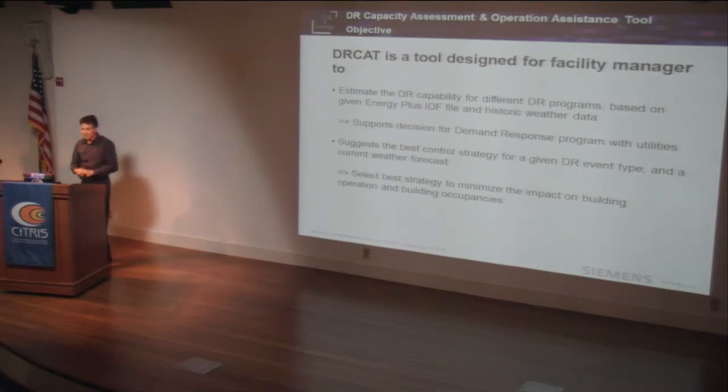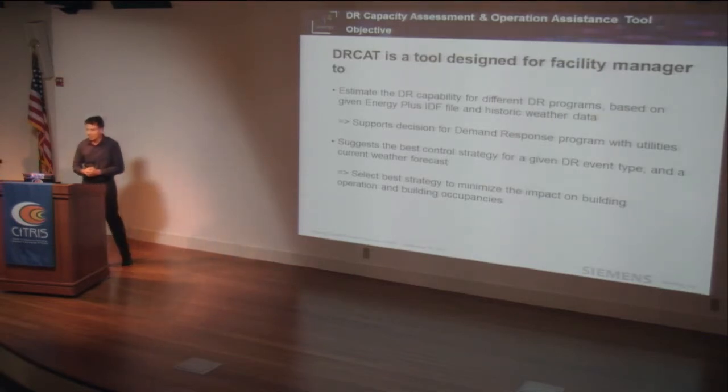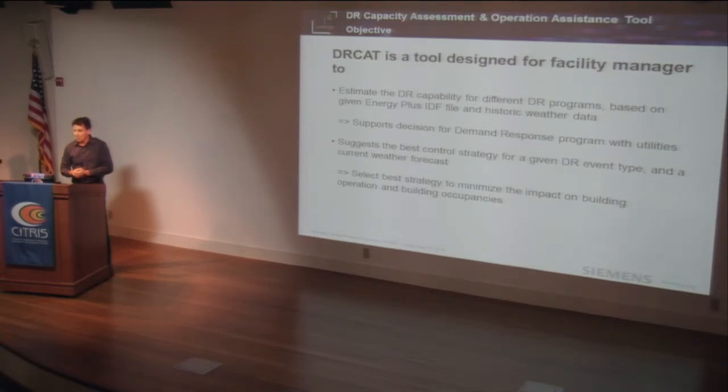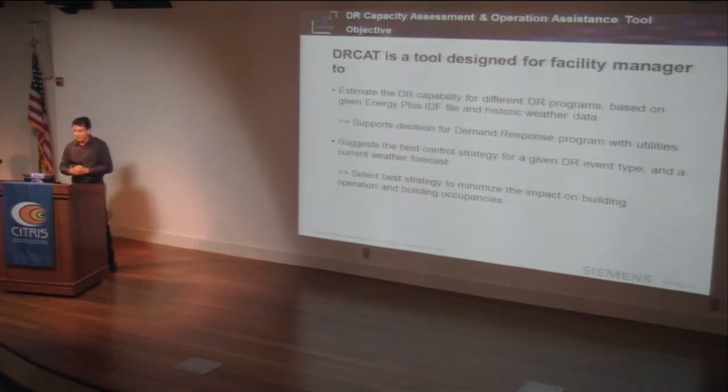So we made a little tool which gives you a playground to play around with different strategies. It uses EnergyPlus for energy simulation to figure out how the strategies play out in the end. We use historic weather data, for example for Berkeley, for the last 10 years, to see what role the weather patterns play.